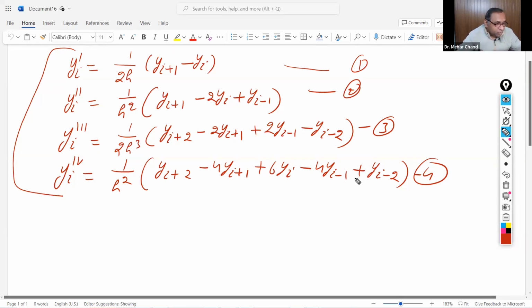There are two approaches to find the solution of higher order ODE. We can use matrix as well as iterative. Both are very useful, but in this session, I include only the iterative approach.